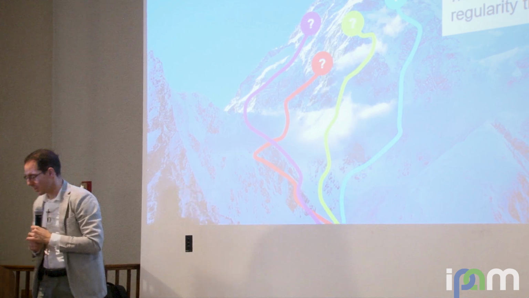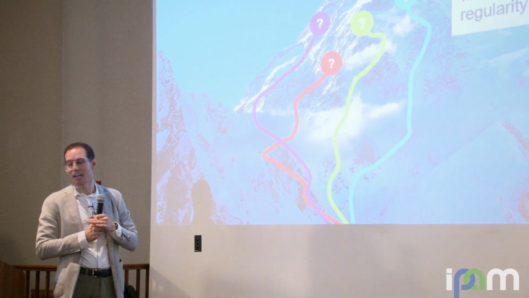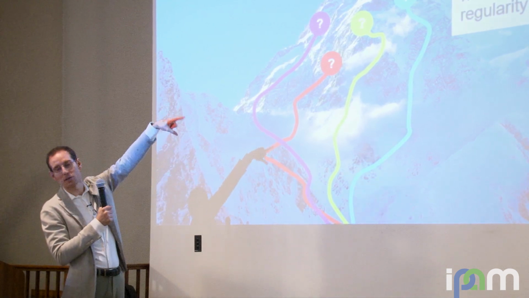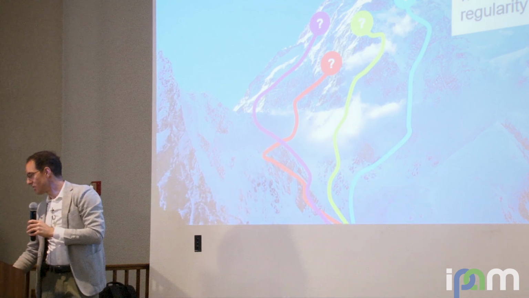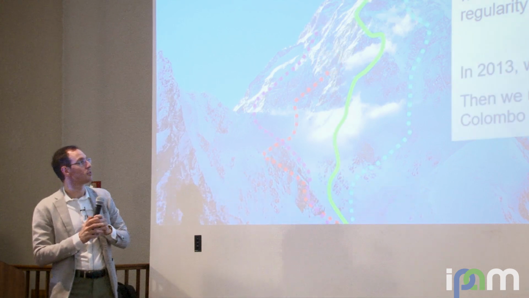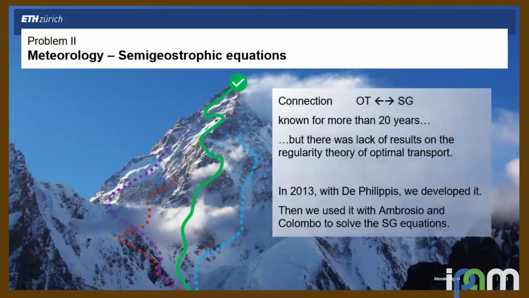So I can tell you by experience that most of the time, I don't know how to get to the tip, but at least in this case, after 7 years, we understood with Guido De Philippis how to go there. And the final strategy had nothing to do with everything else we had tried for the previous years. It was really a completely new strategy.